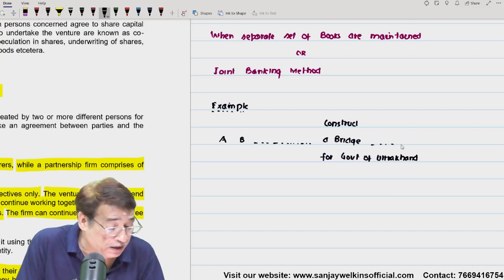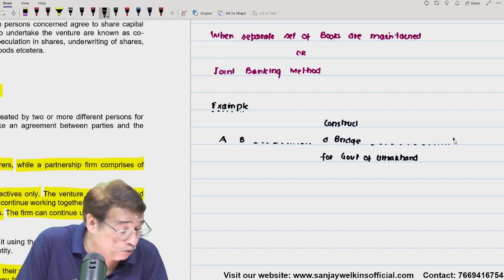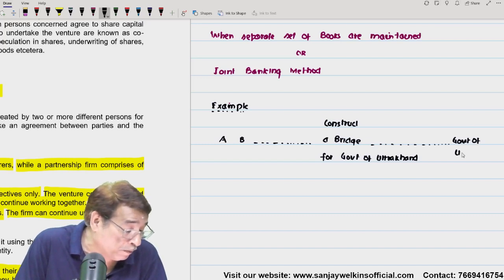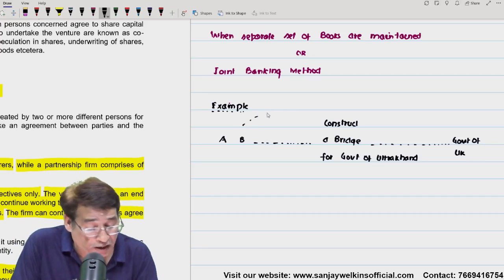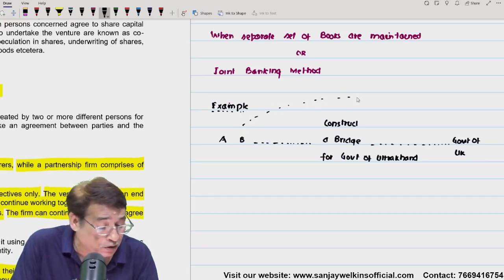Indirectly, it means A and B have entered into a contract with the government of Uttarakhand, government of UK. UK means Uttarakhand, not United Kingdom.